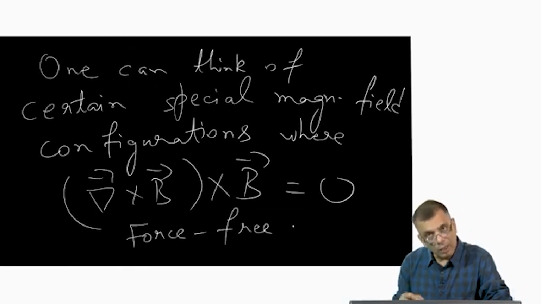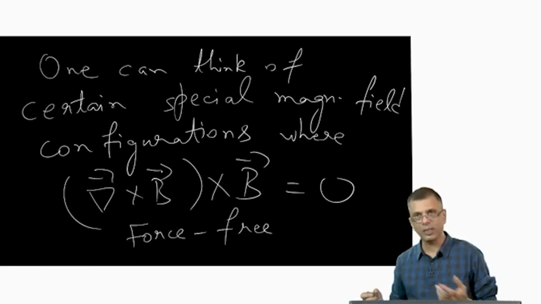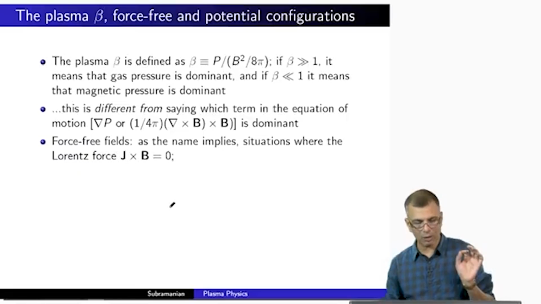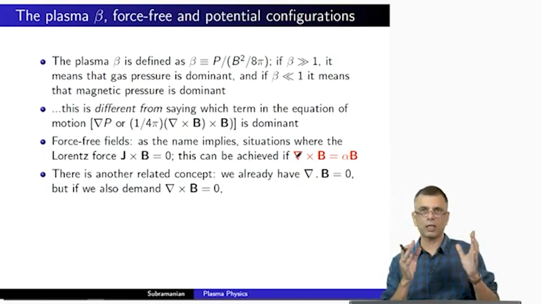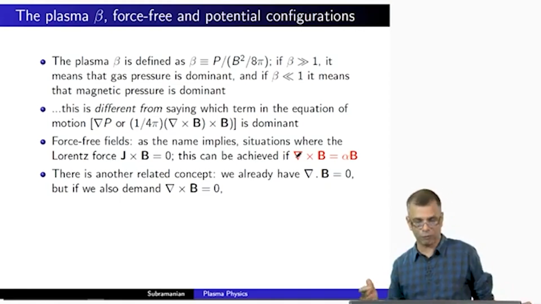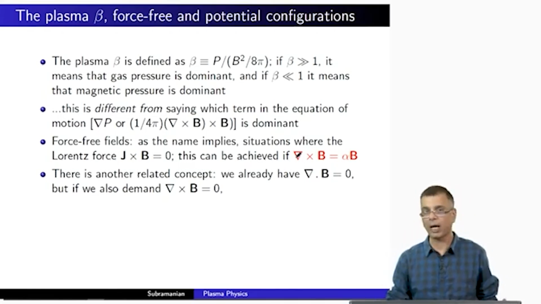What kind of force free? Lorentz force free configurations, because this is J and J cross B is the Lorentz force. So, if this condition is satisfied, that means the Lorentz force is 0, and therefore, the Lorentz force on that volume of fluid which contains this special kind of magnetic field configuration is absent.